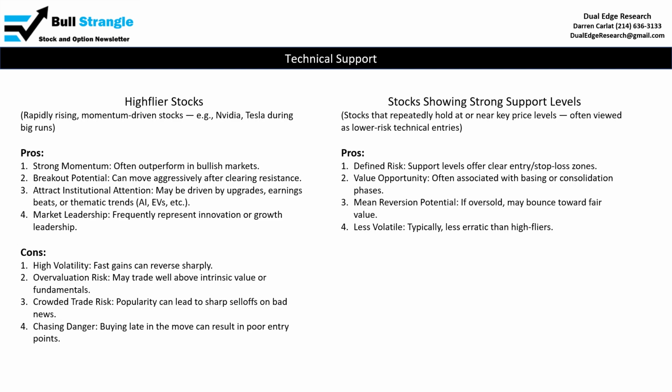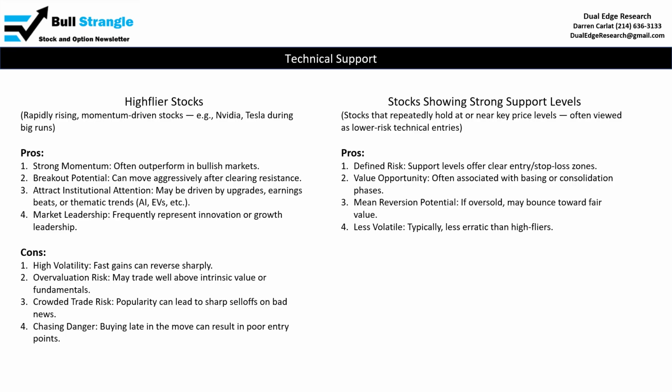Now, on the other end are stocks that show strong support. These stocks repeatedly hold at or near key price levels, often viewed as low-risk technical entries. So the pro here is that the risk is generally more defined. The support levels often provide clear entry and stop loss zones.